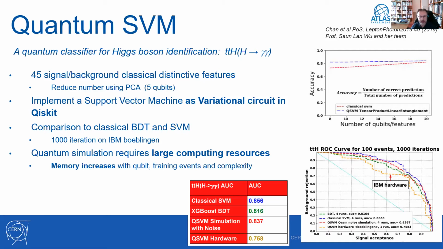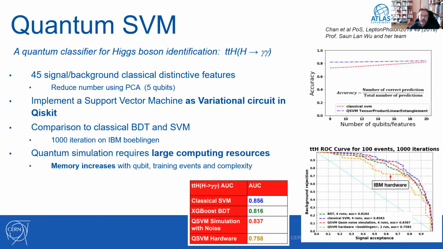This was in practice one of the discoveries of the Higgs boson a few years ago, in 2012. And Professor Wu's team has reproduced the same case using a quantum support vector machine approach, which again is showing interesting properties.